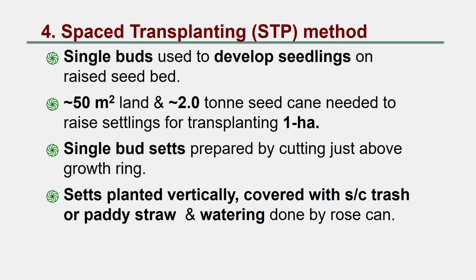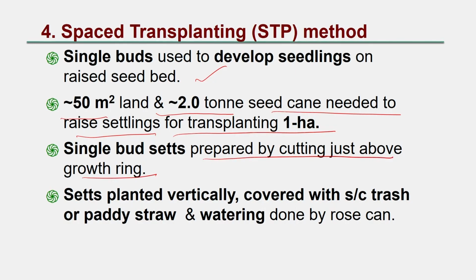Next is the spaced transplanting method, STP. Single buds are used to develop seedlings on a raised seed bed, about 50 meter square of land, and only 2 tons of seed cane are needed to raise seedlings for transplanting 1 hectare. So a very small area and a very small quantity of seed is required. Single bud sets are prepared by cutting just above the growth ring.